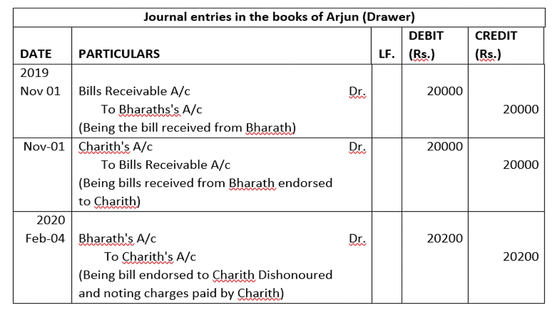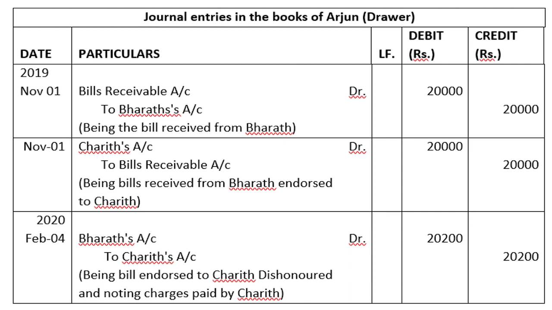So, bills receivable account debtor to Bharat's account being the bill received from Mr. Bharat, Rs 20,000 each. On same day, he has endorsed the bill to Mr. Charit. So, as the bill which is an asset is going out of his hands, it is credited and Charit is receiving the bills receivable. So, Charit's account is going to be debited by 20,000 to bills receivable account Rs 20,000.